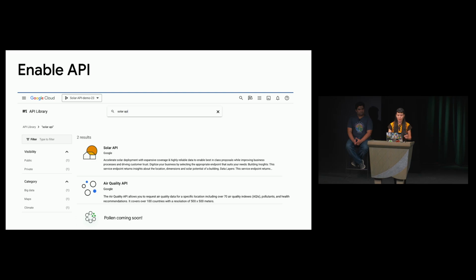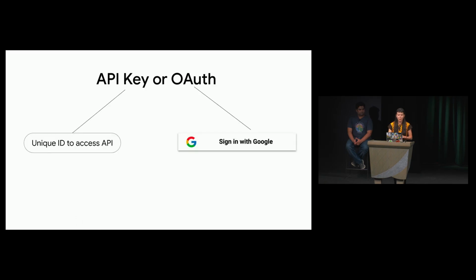Pollen is coming soon. And you will need to create an API key, or you can leverage OAuth for either endpoints. Just note that using one of those layers of security is required to use the APIs. And OAuth, just as a reminder, is that "would you like to sign in with your Google account" option.